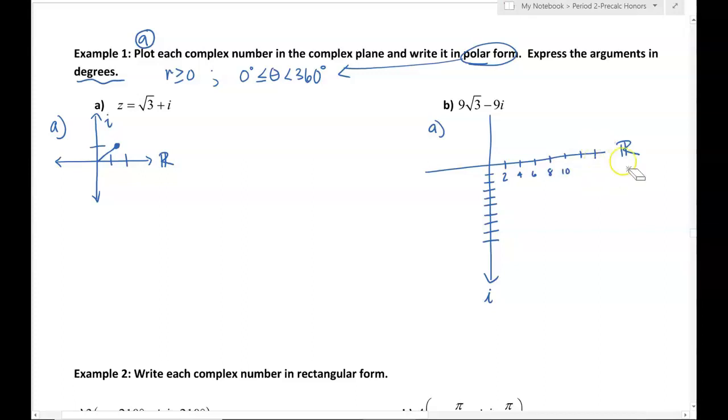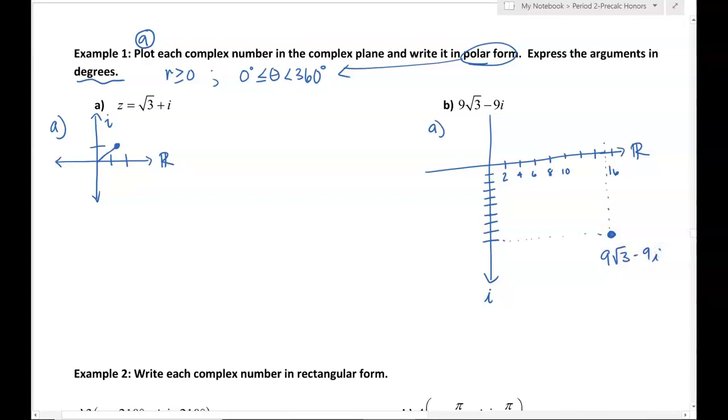I'm going to extend it a little bit longer. 14 and 16. The reason I'm rescaling it is because 9 rad 3 is about in between 15 and 16. So I need this much like that. Okay, I'm not going to rescale the y because I did make 9 tick marks. So this is really technically your dot of 9 radical 3 take away 9i.